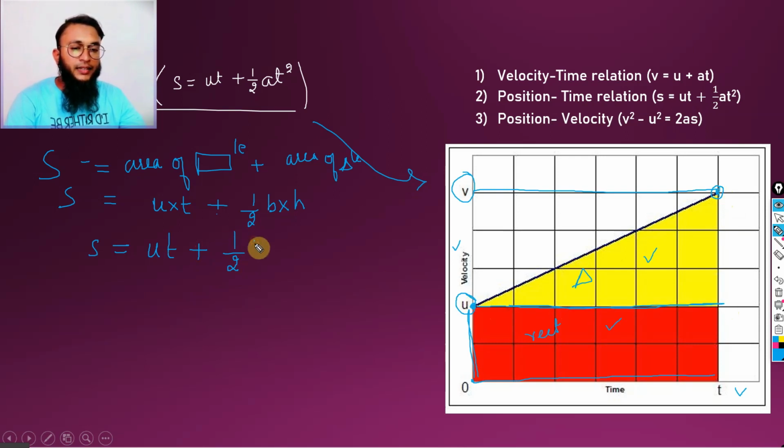So I will write t here, into the height of the triangle. How to find the height of the triangle here? Total length minus this length, you will get the length between here. So to get the height, you should subtract v minus u. So instead of height, I will write v minus u.